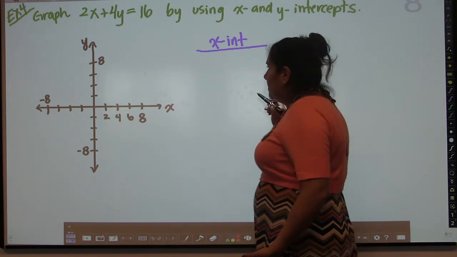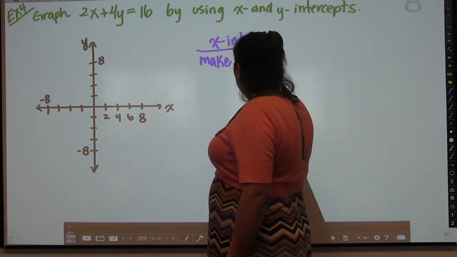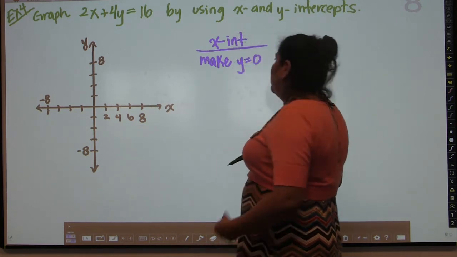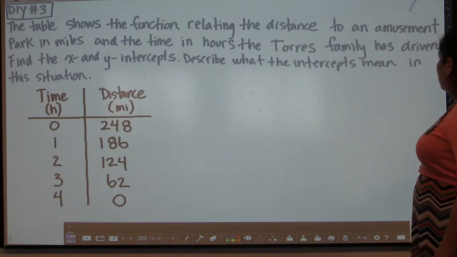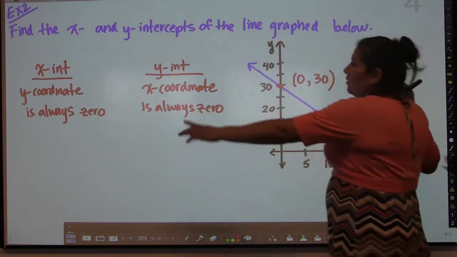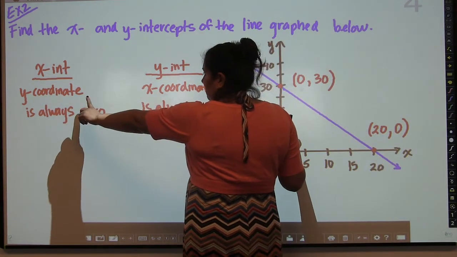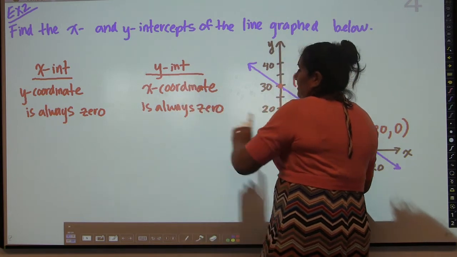For the x-intercept, you have to make y equals 0. Because we know that the y-coordinate of the x-intercept is always 0, and we know that the x-coordinate of the y-intercept is always 0.